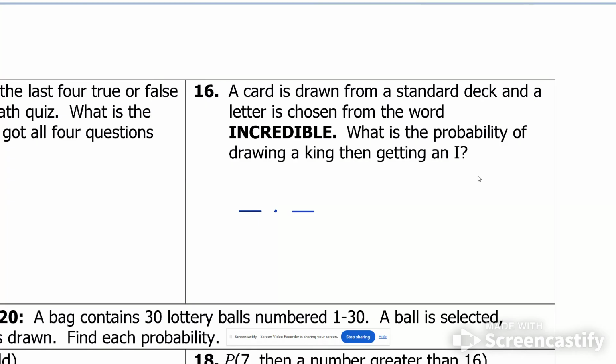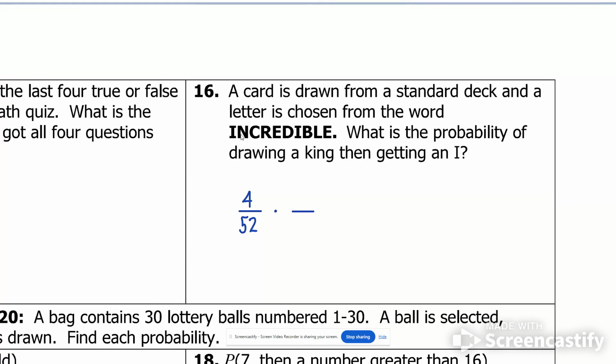So first and foremost, kings. We talked a little bit about cards yesterday. To get a king, there is one king in each suit, and there are 4 suits. So that's 4 out of a total of 52 cards, which we discussed yesterday. So what's the probability of drawing a king? 4 out of 52. Then getting an I from the word incredible.